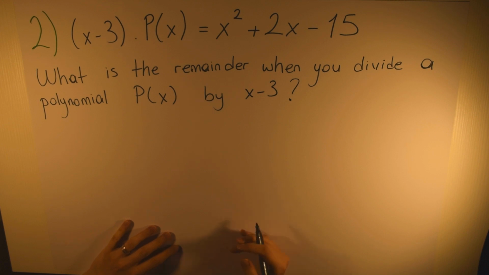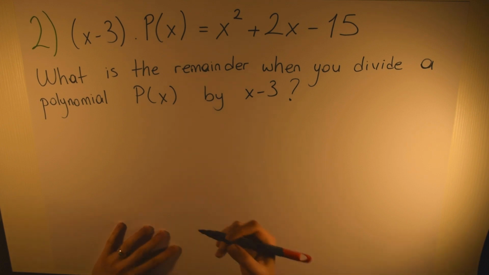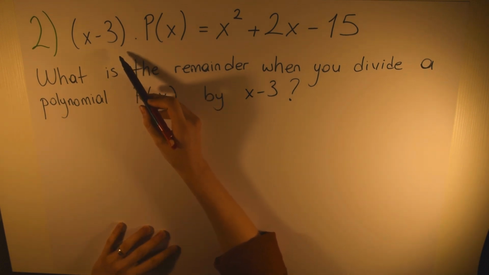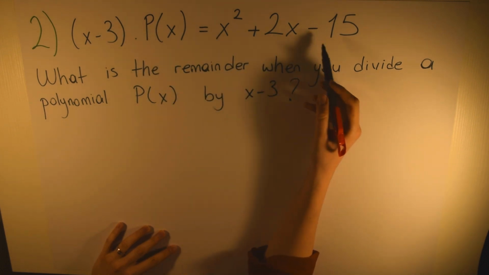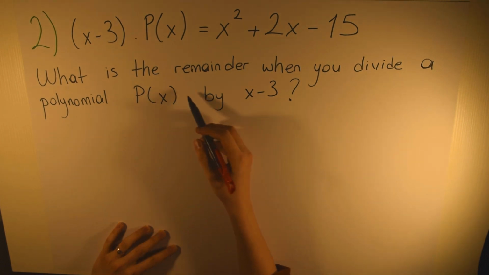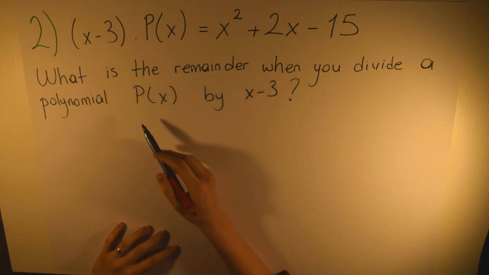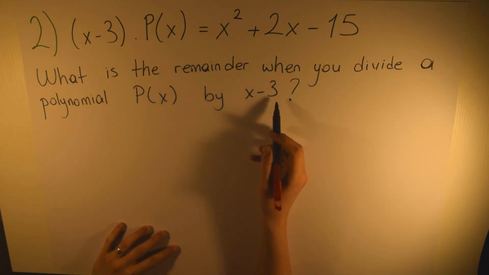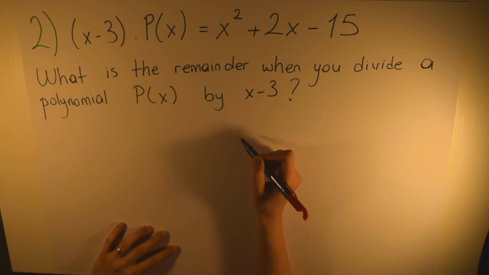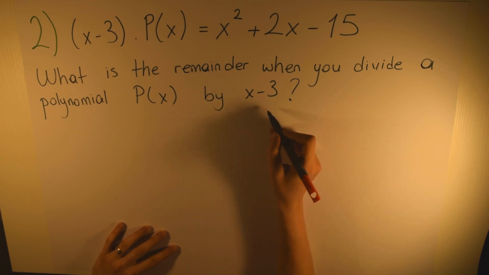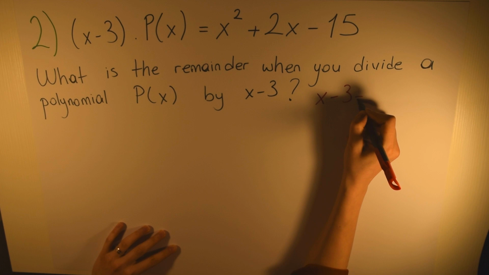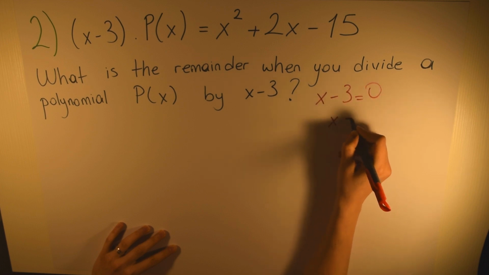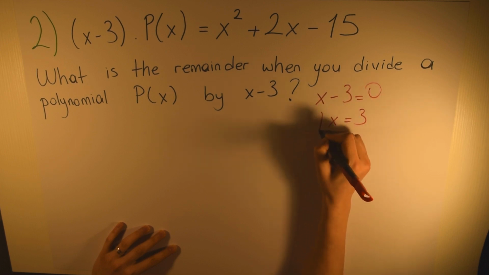Okay, let's continue with our second question. Here we have (x minus 3) times P(x) is equal to x squared plus 2x minus 15. What is the remainder when you divide the polynomial P(x) by x minus 3? First we make our divisor equal to 0, so x minus 3 is equal to 0, so x is equal to 3.